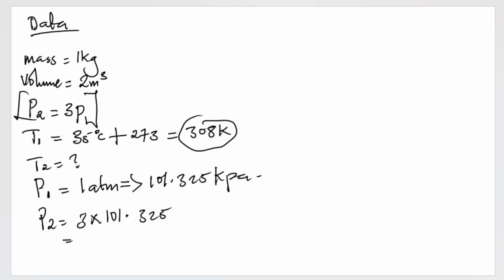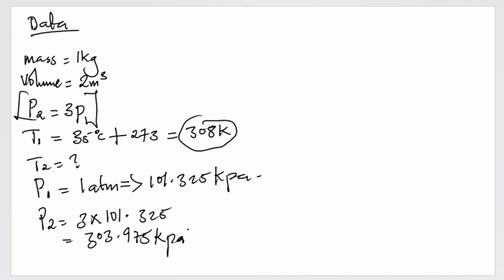If we multiply 3 with 101.325, you will simply arrive at 303.975, and your unit will be in kilopascal.